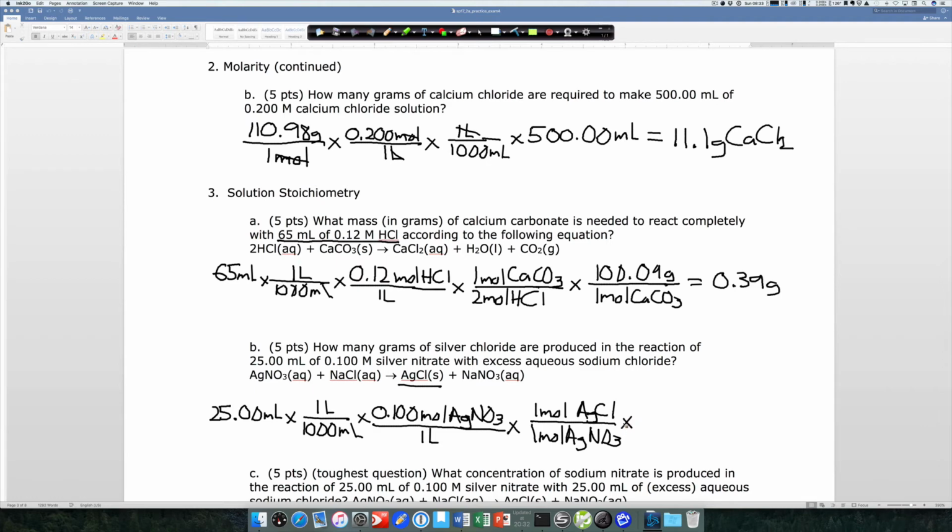Since we're looking for the mass, we've got to calculate the formula mass for AgCl, which is 143.35 grams per mole. Okay, set up correctly. 3 sig figs to work with, 0.358.